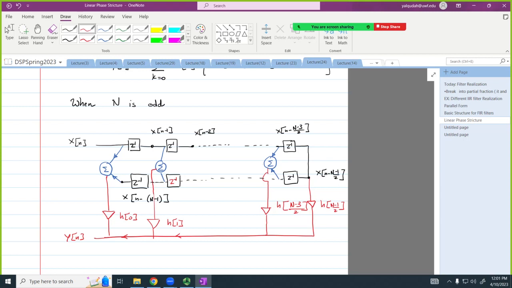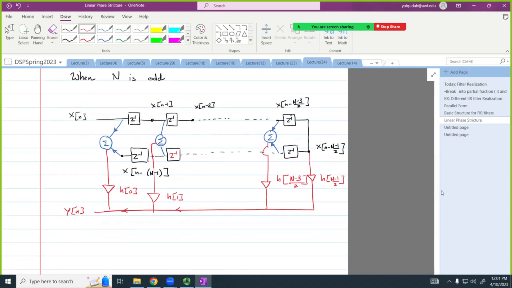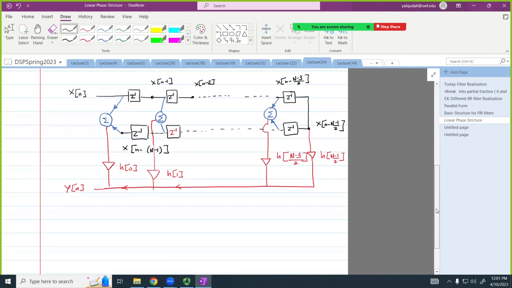Because there is the symmetry, we're having one half as many taps due to symmetry.